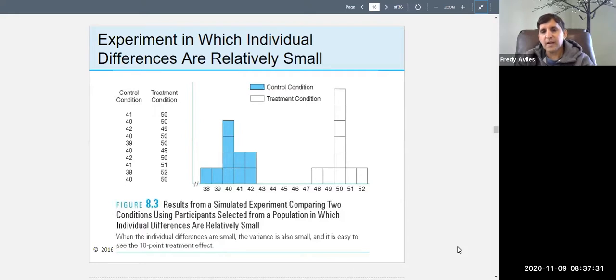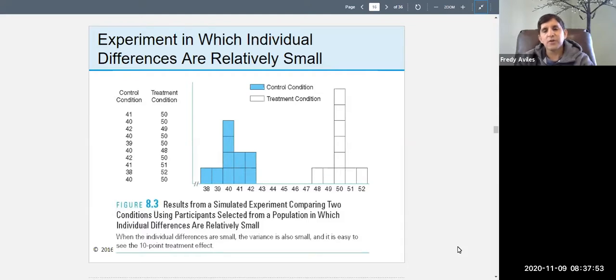So variation can be a good thing and it can be a bad thing. I'm probably getting ahead of myself, but when there's very little variation within the groups, it's easier to see differences between the groups.